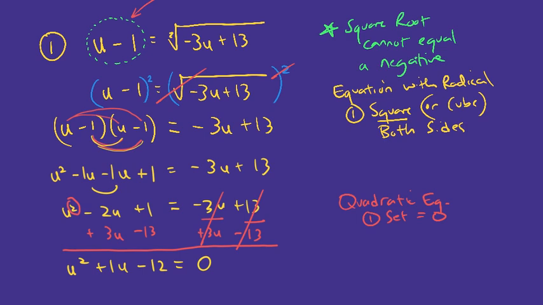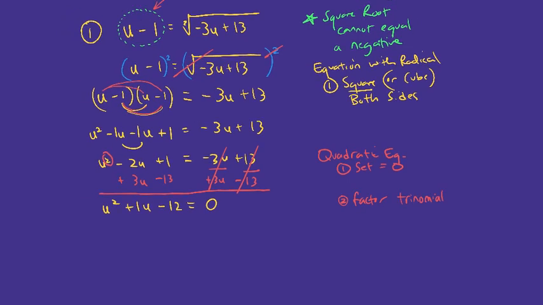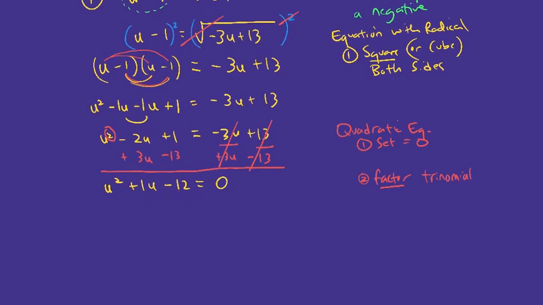After we've set it to 0, we're going to factor the trinomial. We haven't done this yet in these 5 weeks, but hopefully you have some recollection of how to factor a trinomial. These will typically factor into 2 parentheses, still equal to 0.